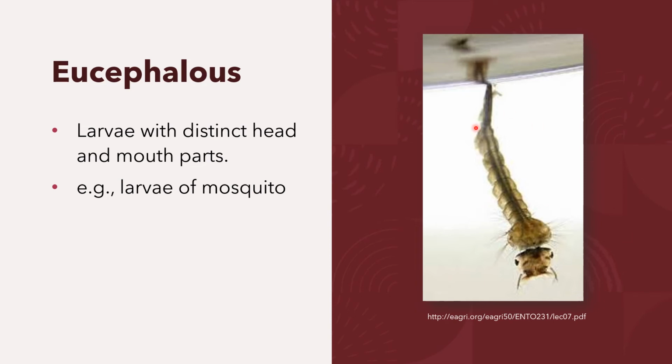The wriggler is a term for the larva of the mosquito. We also have the grub of the red palm weevil. So aside from these examples, this type of larvae, the Eucephalus larvae, is a primary condition and recurs in most of the lower Diptera, particularly of the suborder Nematocera.